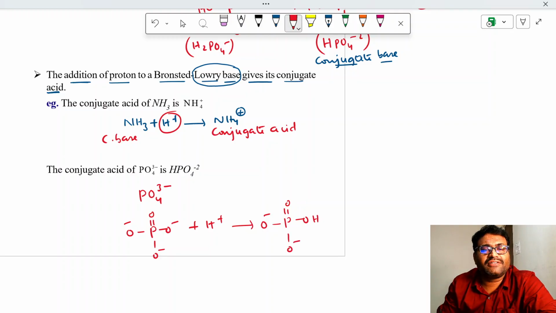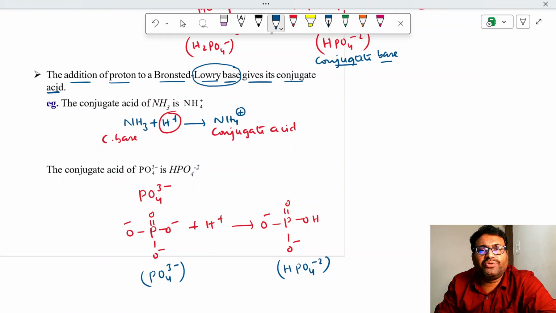This is PO4 3 minus, and this is HPO4 2 minus. So now you have added one proton. Now this is the conjugate acid.